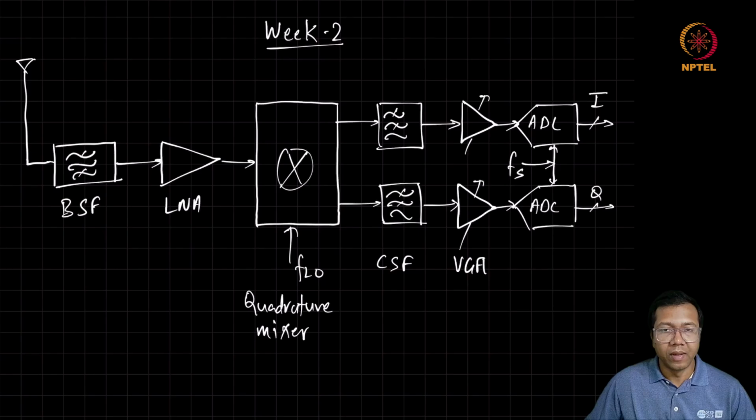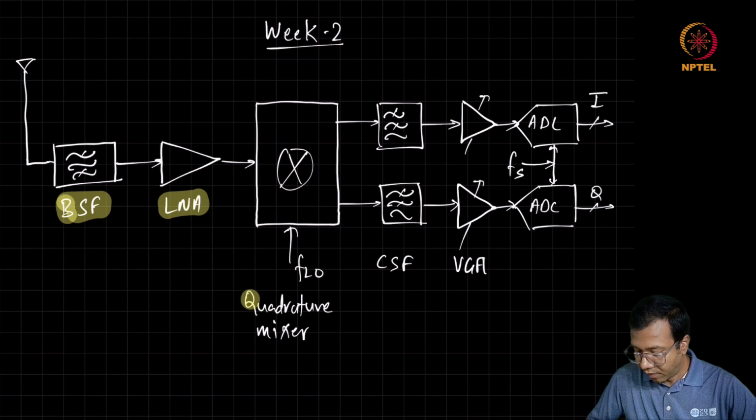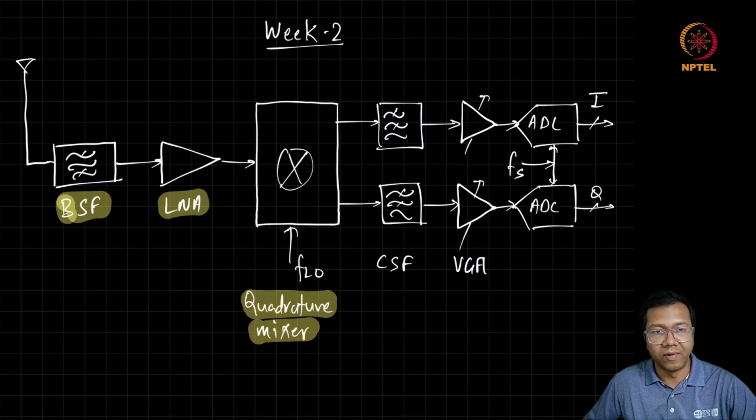Welcome to week 2. In the last class, we saw the architecture for a direct conversion receiver, which has a band select filter at the front end, LNA, followed by a quadrature mixer. And in a direct conversion receiver, as we discussed, there won't be any image reject filter.